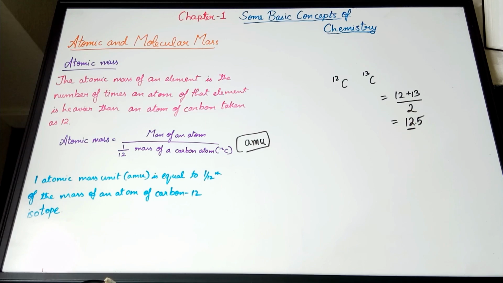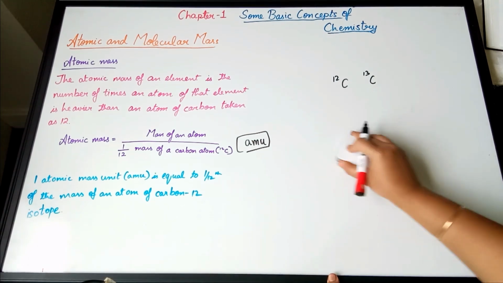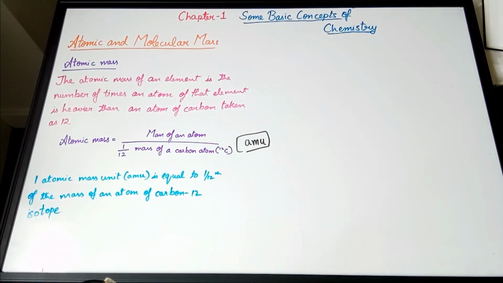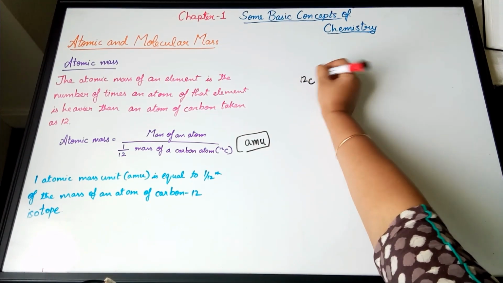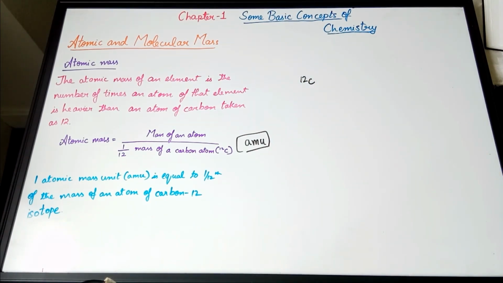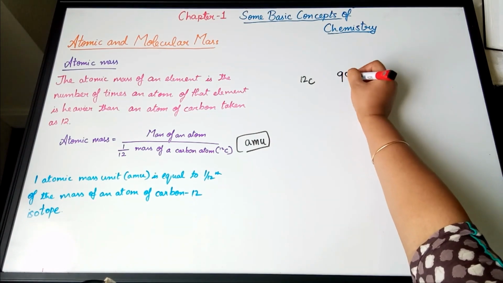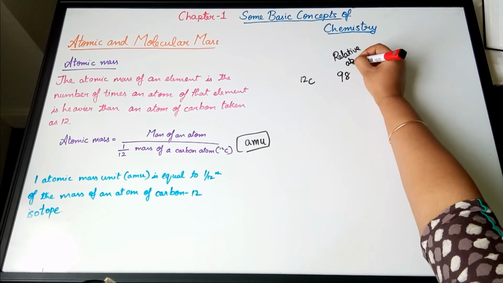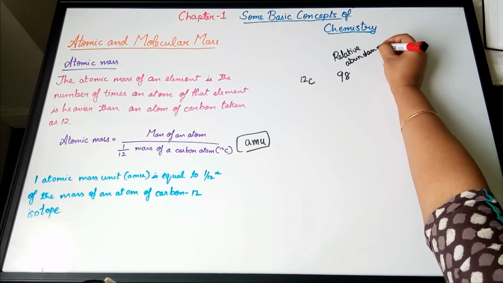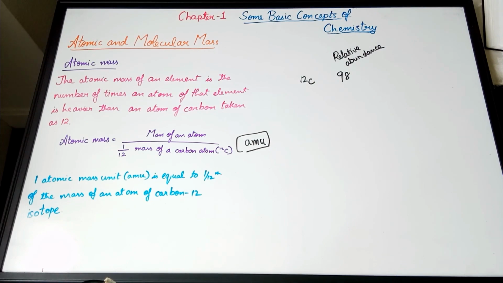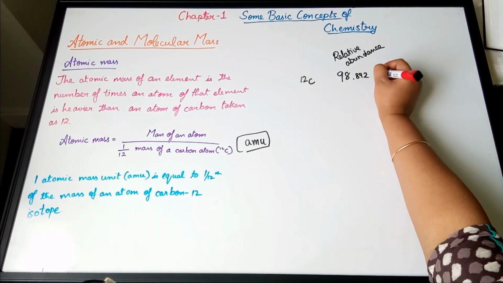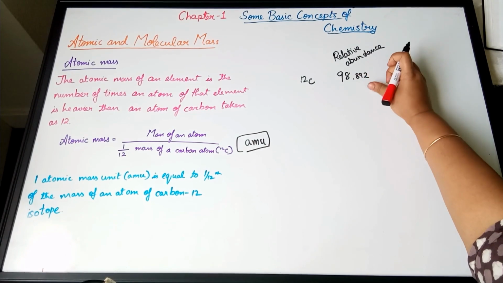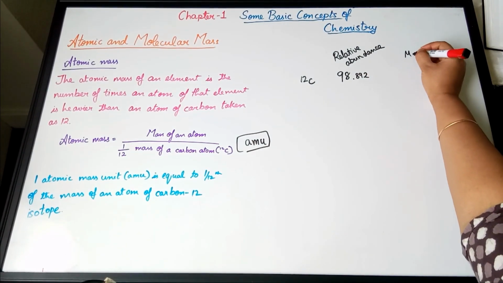So again we will be doing carbon only. The isotopes of carbon, let's take 12. C-12 has a relative abundance of 98.892%, and its mass is 12.